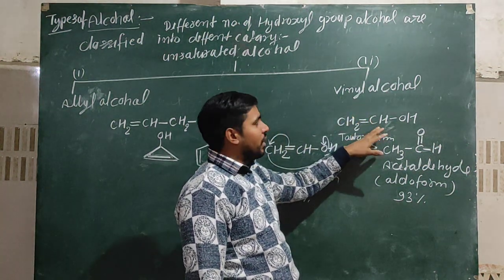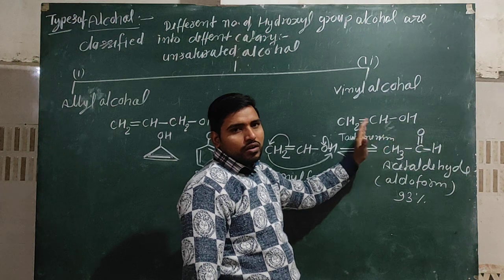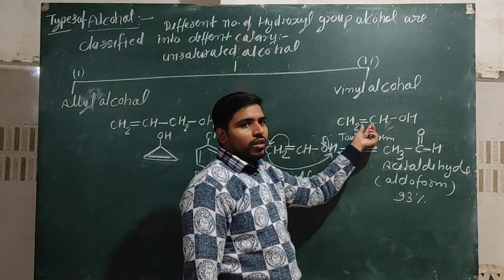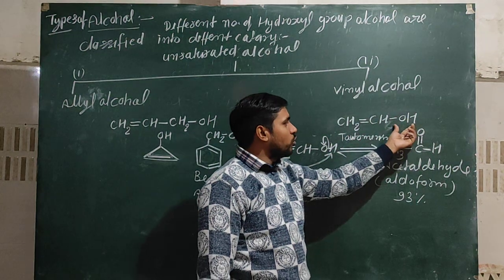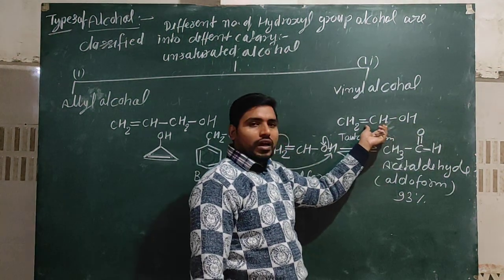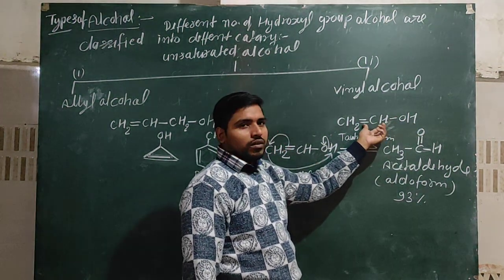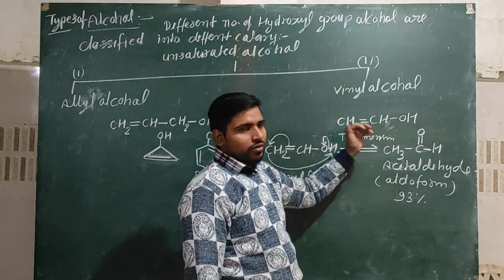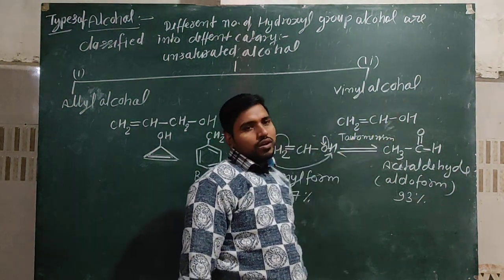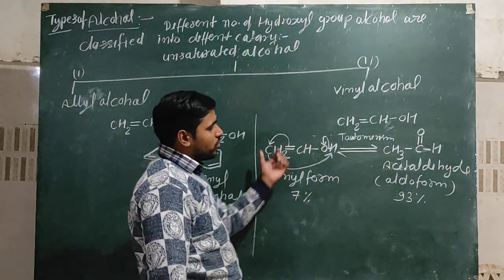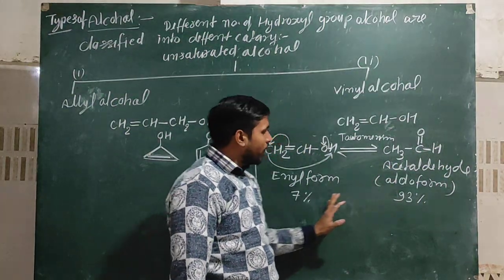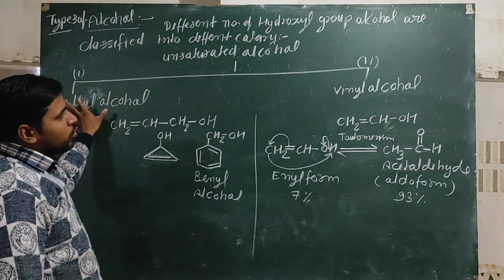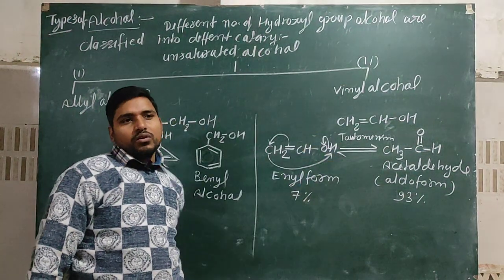And you can easily explain, when any alcohol contains unsaturation, meaning the hydroxyl group is directly bonded with an sp2 hybridized carbon, then these are unstable products, and further they change into enol form, and enol to aldehyde form. Okay, I hope you better understand what is allyl alcohol and what is vinyl alcohol.